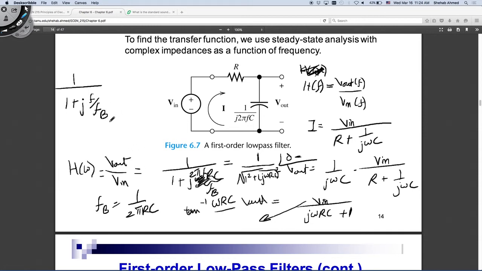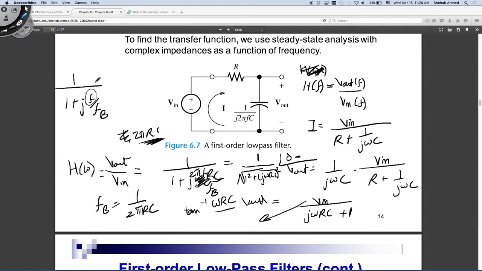FB is 1 over 2 pi RC. So 1 over FB is 2 pi RC. Here I have 1 over 1 plus J 2 pi FRC. So let's keep the F outside. And then 1 over FB is 2 pi RC. Right? So that's what this is.